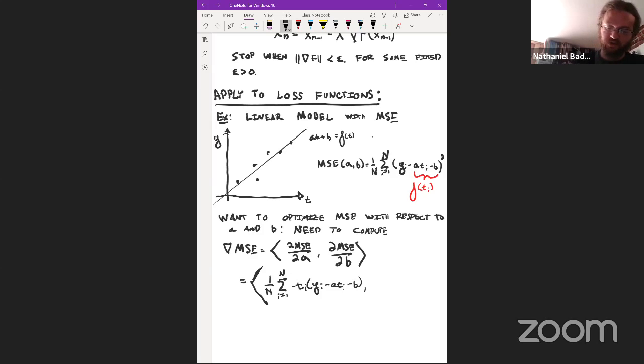Oh, sorry, a factor of 2 is going to come out. And similarly, with respect to b, it's going to be 2 over n times the sum from i equals 1 up to n of, the minus sign is going to come out, otherwise it's just going to be yi minus a ti minus b. Great. Okay. So again, notice that this no longer depends on t or y.